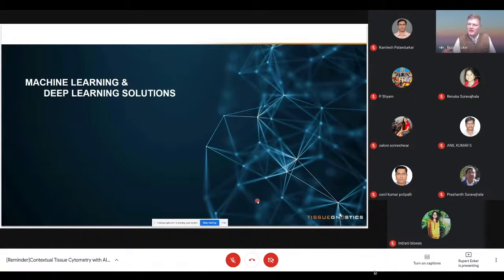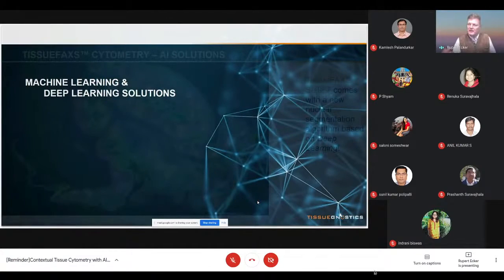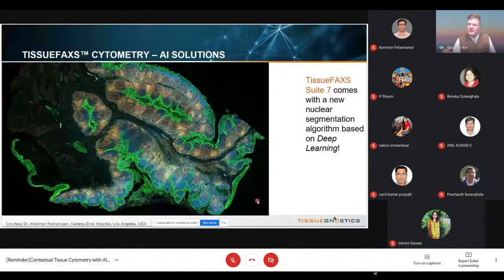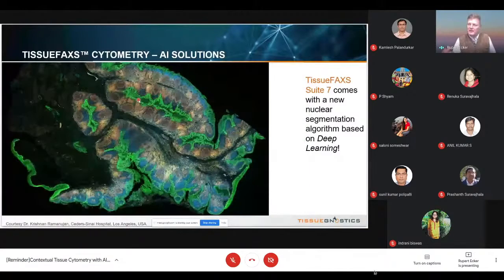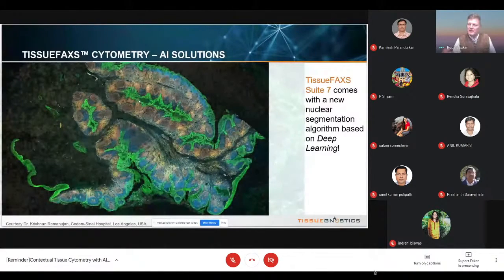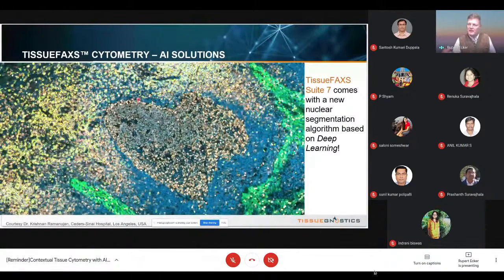In fact, tissue cytometry also offers solutions for machine learning or deep learning. For example, in our latest generation, which is called TissueFAXS Suite 7, we have a new segmentation algorithm which is based on deep learning. This is especially important when you work with lymphatic tissue, where you often have extremely dense cellular conditions like we see here.